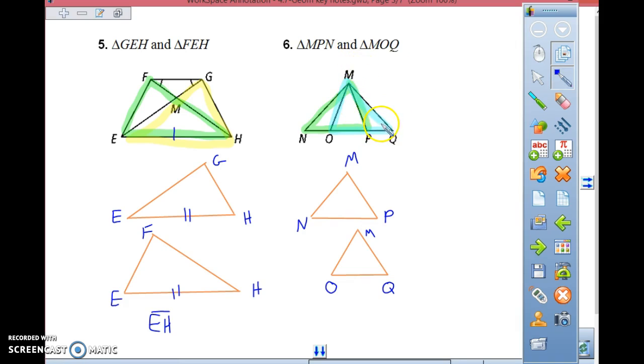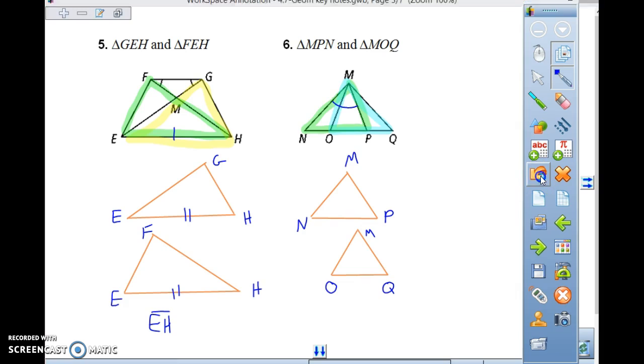So angle Q and angle N are not the same. Angle P and angle O are not the same. Looking at the top angle, this is NMP, and this one would be OMQ, so those two are also different.